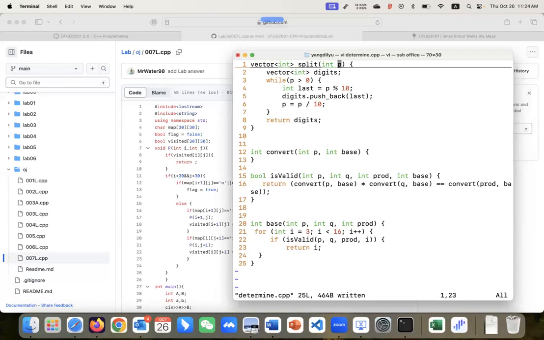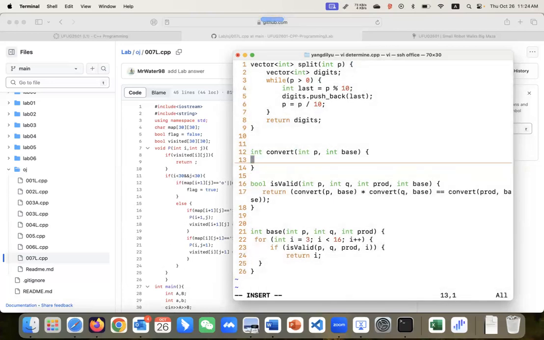Any more questions? Yeah. If our outcome is the base equal to 7, should we pay attention to that maybe in P or Q, every digit should be less than 7? Yeah, that's something you can do in here, right? In the base or in here is also fine. After getting the, maybe not here, maybe in the beginning, right?